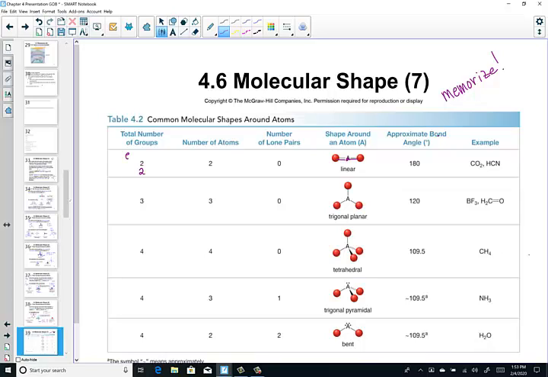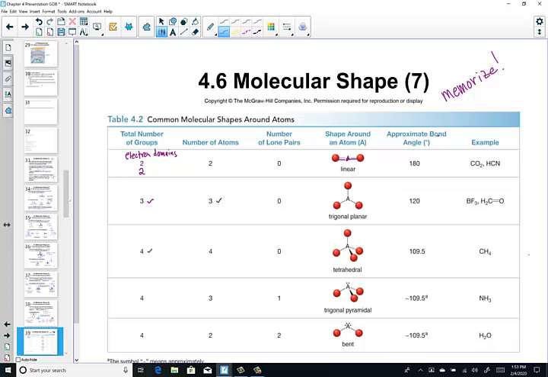If you like that term, this is what I used to call it when I was a student, electron domains. How many things are around the central atom? That's a domain. If there are 2 and all are bonded to atoms, it's linear. If there are 3 domains and all 3 lead to atoms, 330 is your VSEPR count, and that's trigonal planar with a 120-degree bond angle.